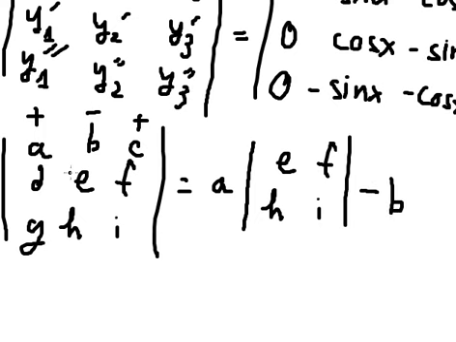Then we have the matrix of this one. So we have negative sin x and negative cosine x, plus we have cosine x, and we have the matrix of this one.